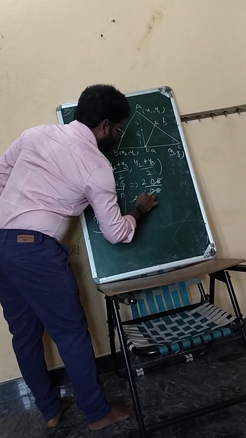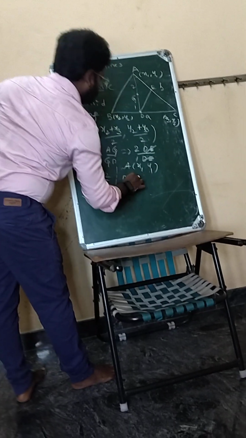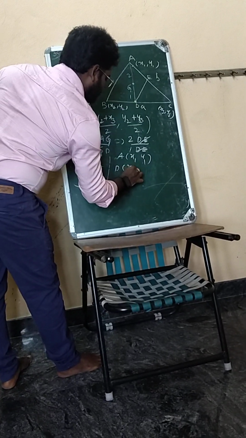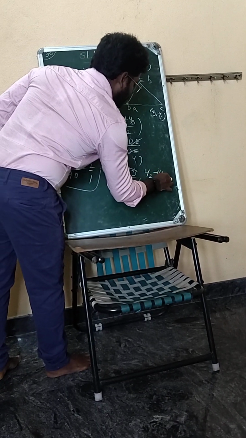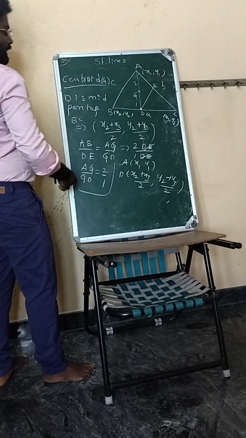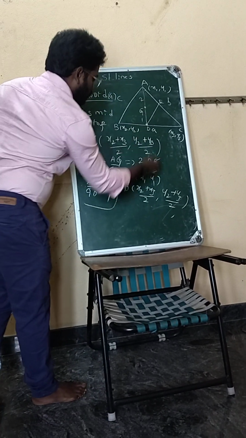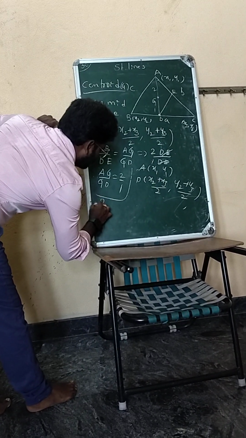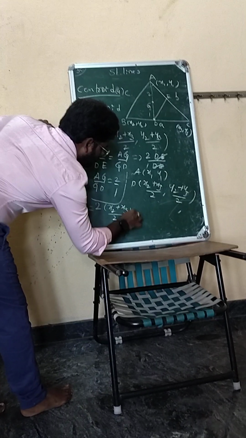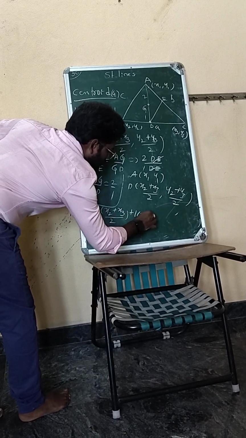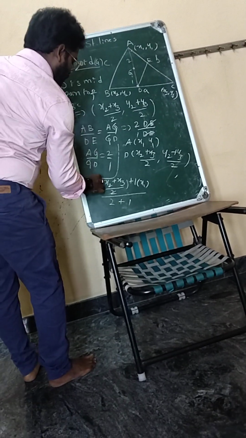A point is x1, y1, point D is x2 plus x3 by 2, y2 plus y3 by 2, and dividing with 2:1. 2 into x2 plus x3 by 2 plus 1 into x1, divided by 2 plus 1. 2 and 2 are cancelled.